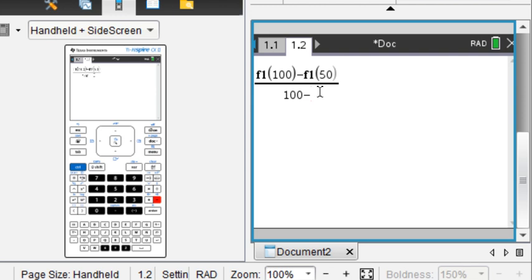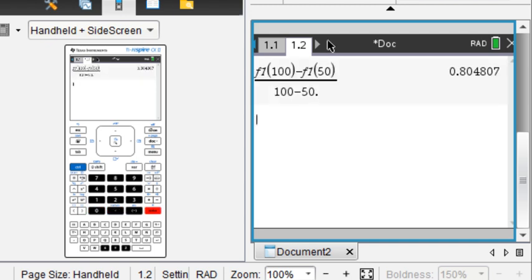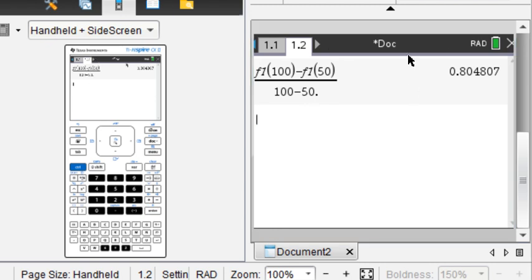If my y is the f1 of 50, my x is 50. Put a decimal, because I want a decimal in my answer, and press enter.